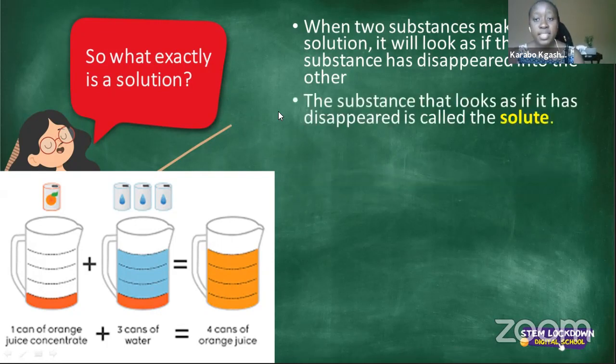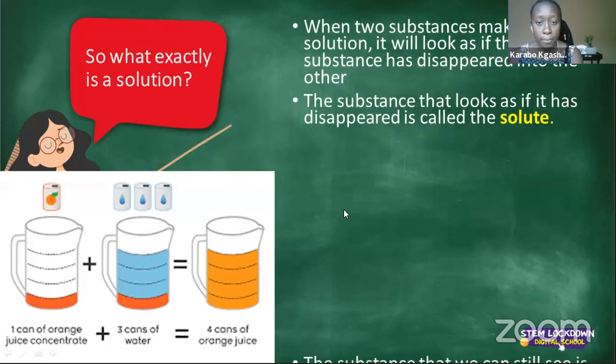The substance that looks as if it has disappeared is called the solute. You need to remember that for the quiz at the end. In this case, the water seems to have disappeared, so we would call it a solute.